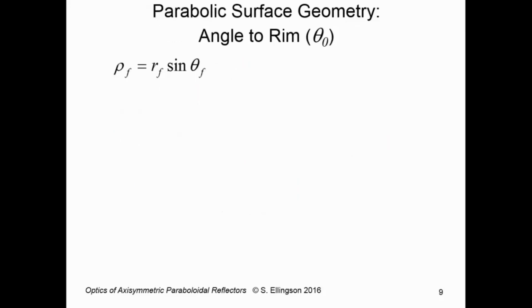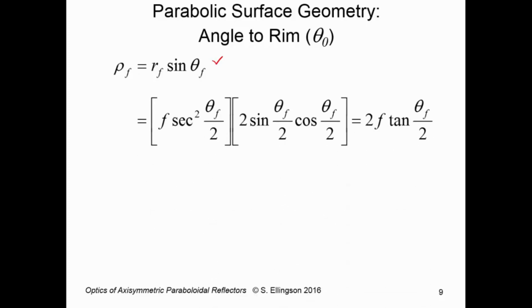The last parameter I'd like to consider here is angle to rim, theta naught. Now, we know that rho sub f, this radial distance, is r sub f sine theta sub f. That's straightforward geometry. And now we can expand this. The idea is that we already know that r sub f is f secant squared of half the angle to the point on the reflector.